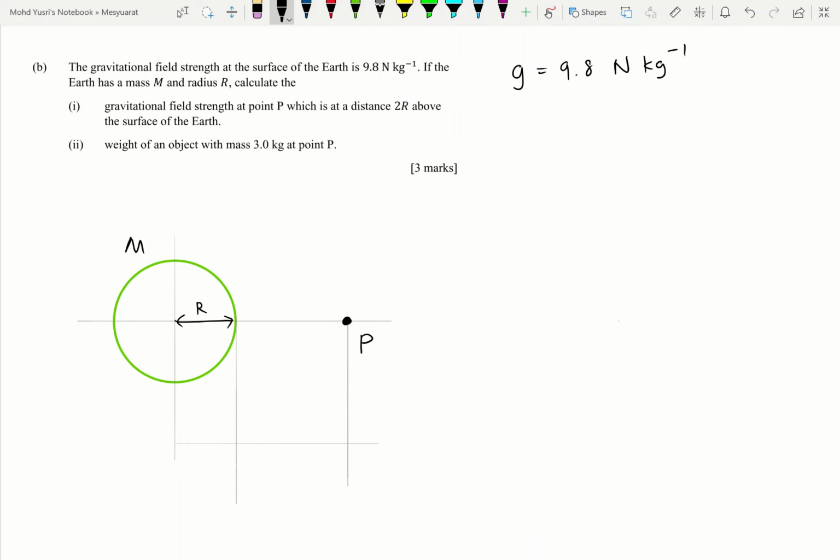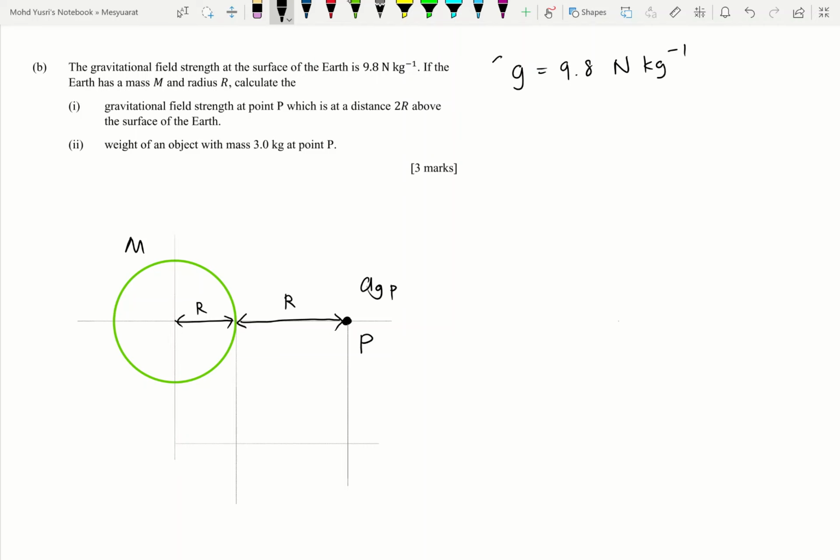That point P is at a distance 2r above the surface of the Earth. So from the surface to point P is r. Okay, so we want to find the gravitational field strength AG at point P.